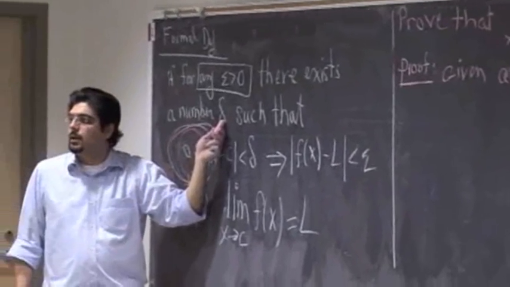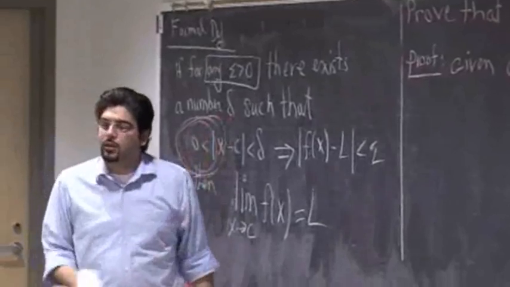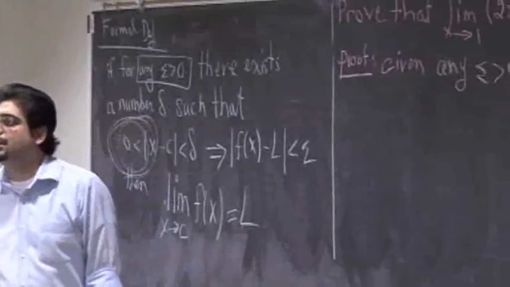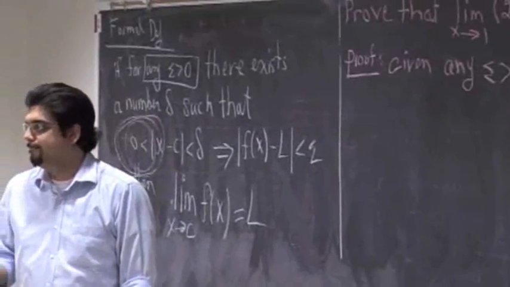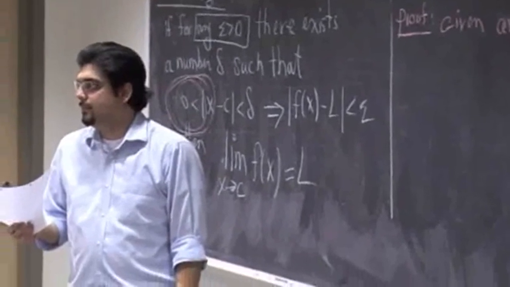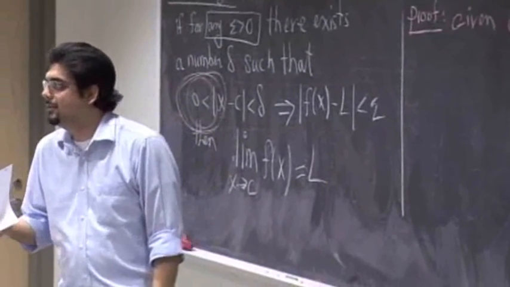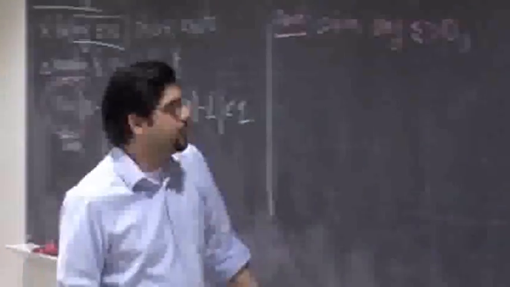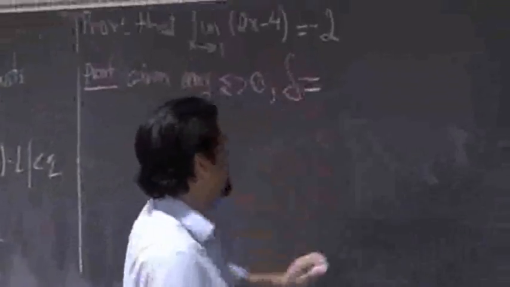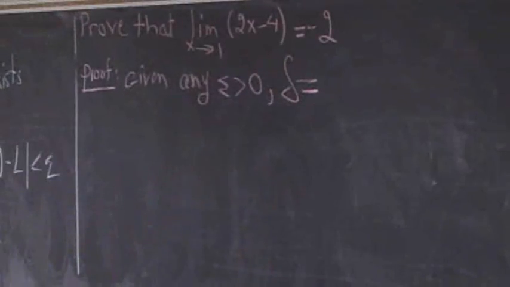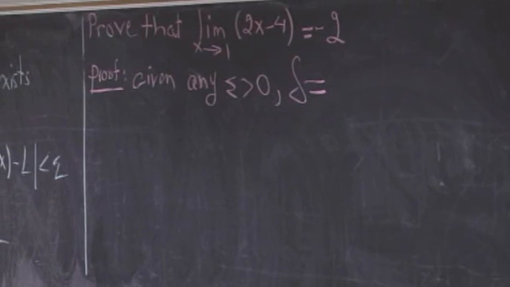What's the best way of guaranteeing that there is a delta? Finding one, right? Telling the reader that delta equals this. That's the best way to guarantee that a delta exists, by producing one.